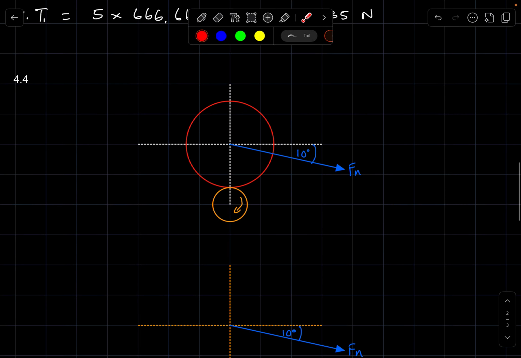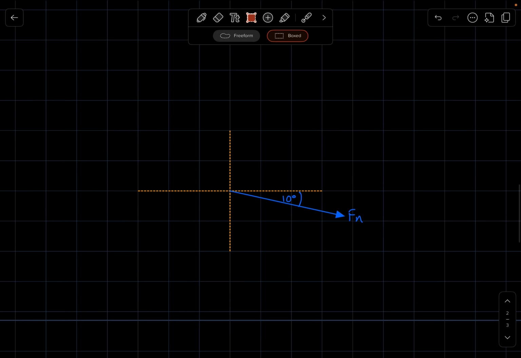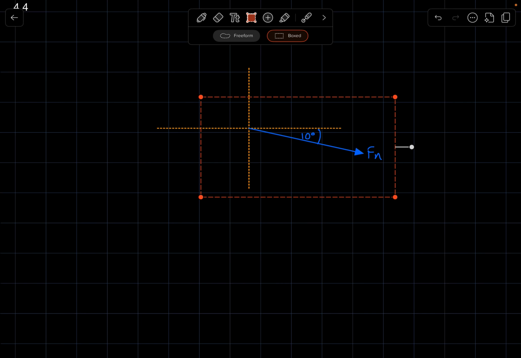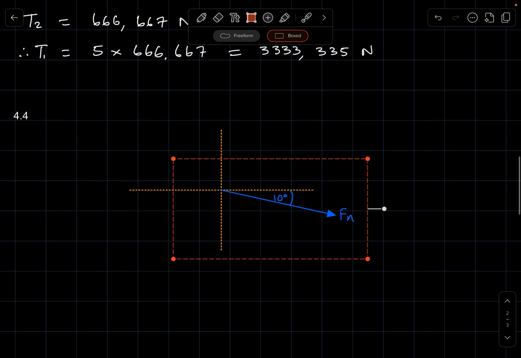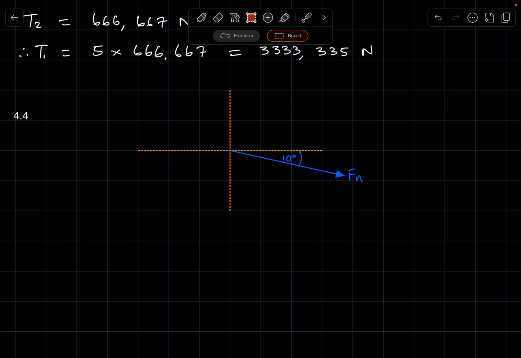Right? Once that is established, now you can say, now you can tell that the normal force is actually at an angle with the Cartesian plane.